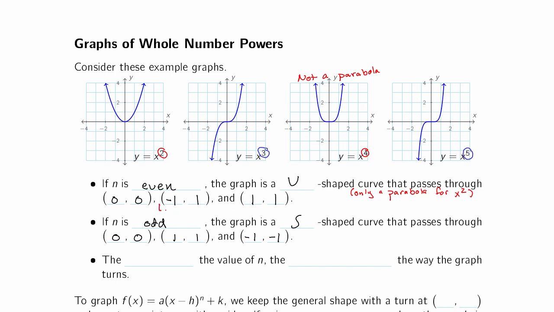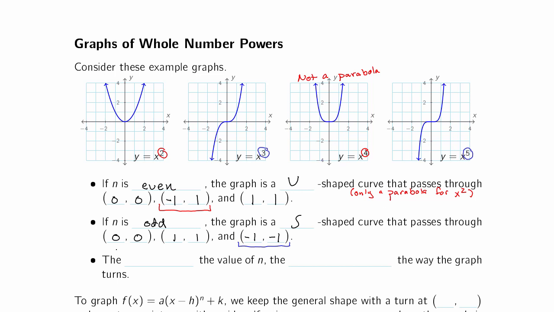The even powers pass through -1, 1, which means they go up on both sides, whereas the odd powers pass through -1, -1, which means they go up to the right and down to the left.